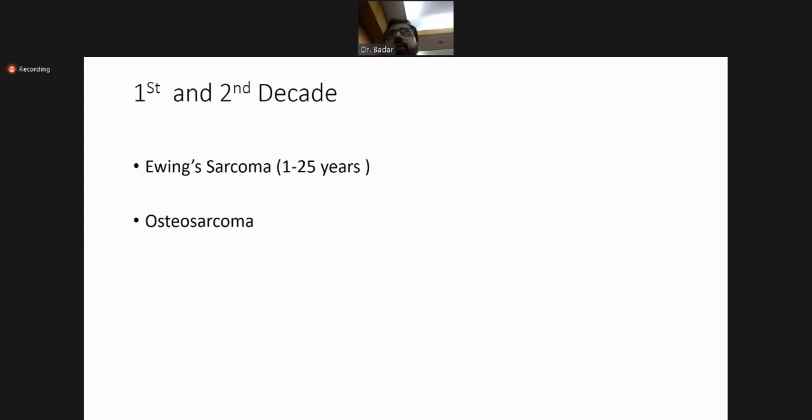The tumors that occur in the first and second decade of life are Ewing sarcoma and osteosarcoma. It's very simple. If a child presents with a swelling around the knee in the first 10 years of age, the most likely diagnosis is Ewing, and the second most likely is osteosarcoma.